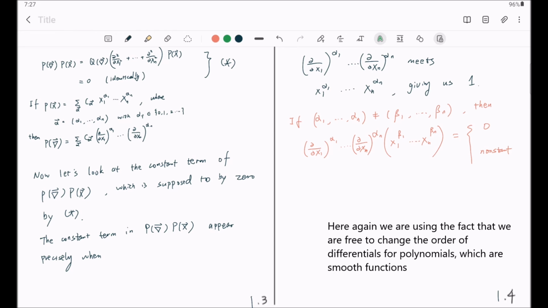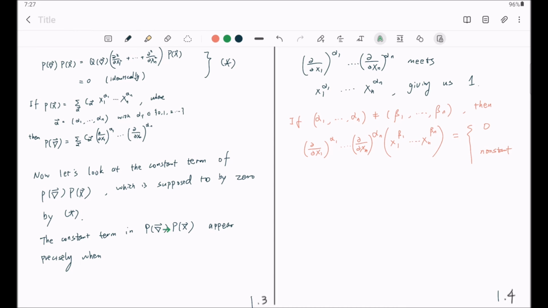So the constant term in here is the summation of C alpha squared.